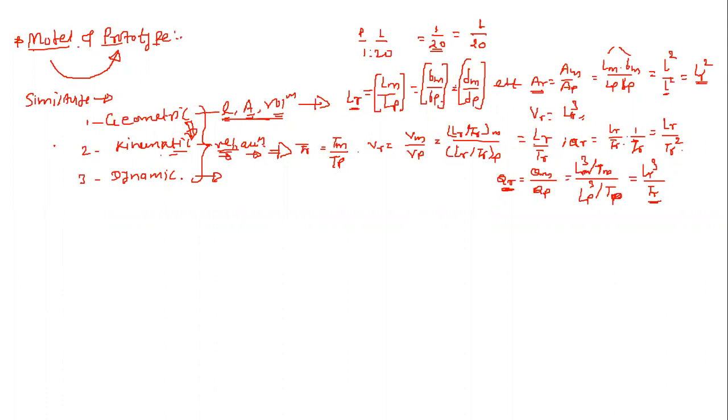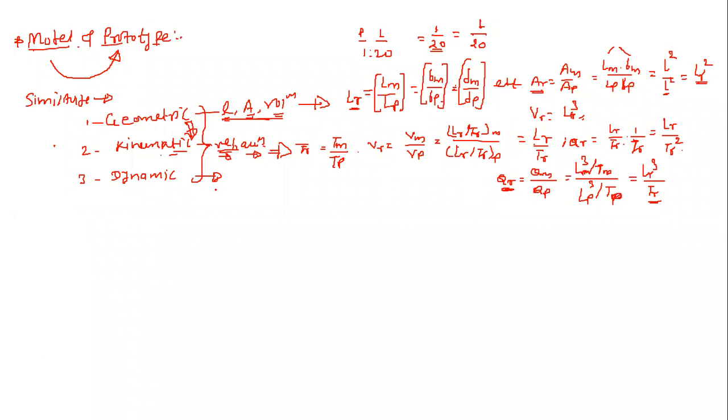Dynamic similarity is said to exist if the ratios of the corresponding forces acting at corresponding points in a model and a prototype have the same magnitude and direction. That is called dynamic similarity.